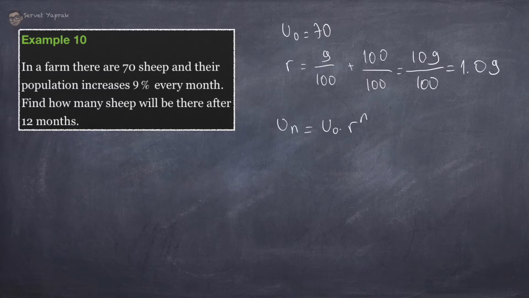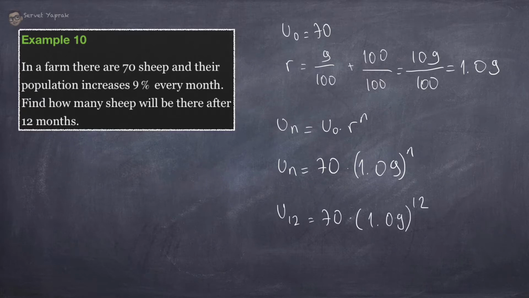So our nth term formula will be u_0 times r to the power of n. So how many sheep will be there after 12 months? We are looking for u_12. So if I substitute 70 for u_0 and 1.09 for the common ratio, and I will use the general term, u_12 equals 70 times 1.09 to the power of 12.